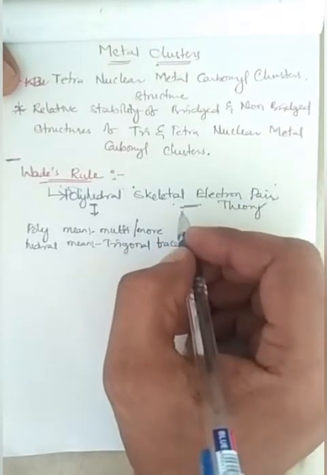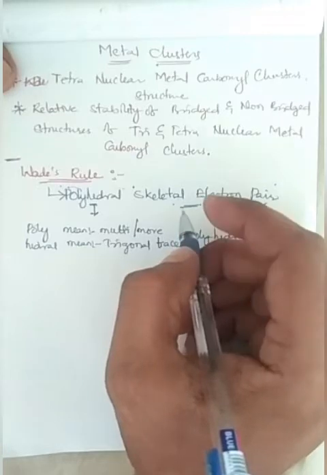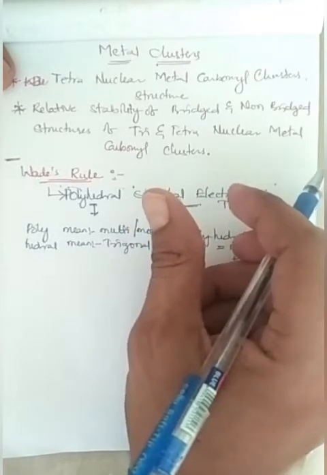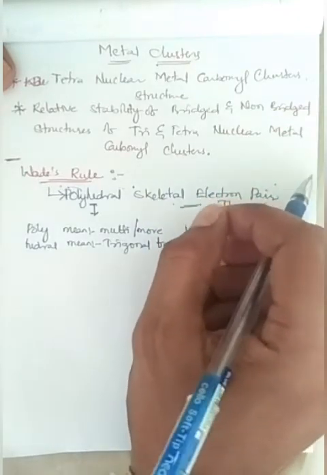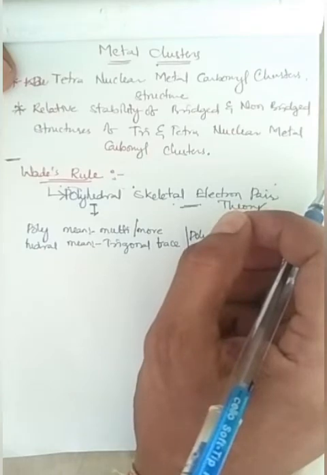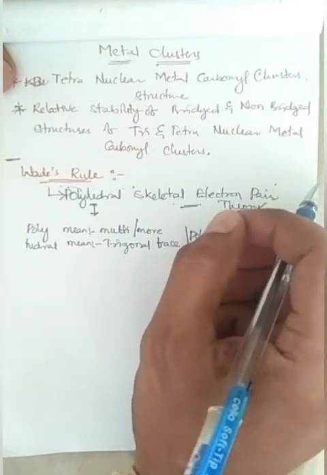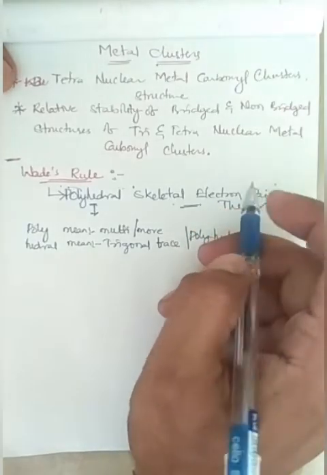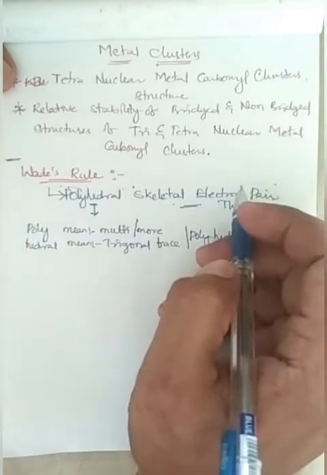As we started the discussion of metal clusters, we said that the core structure, the skeleton structure, depends upon the metal to metal bond rather than the metal to ligand bond. As we defined, metal clusters are complexes having multiple metal atoms with direct metal to metal bonds and substantial bonds, right?